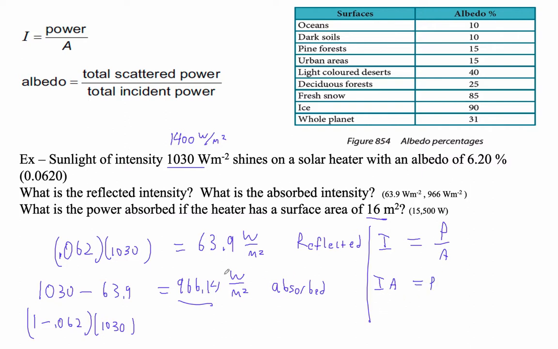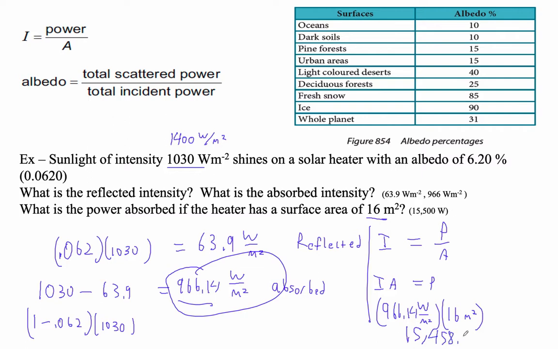So this is how much is absorbed. 966.14 watts per square meter, times 16 square meters is 15,458.24 watts. And that's a heater. Keep in mind that your photovoltaics are not nearly that efficient. Basically, photovoltaics will turn something like 20% of the light that hits them into electrical energy, right?